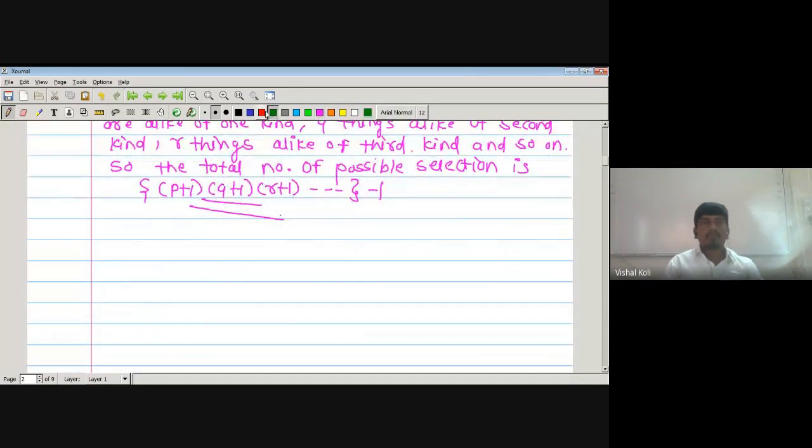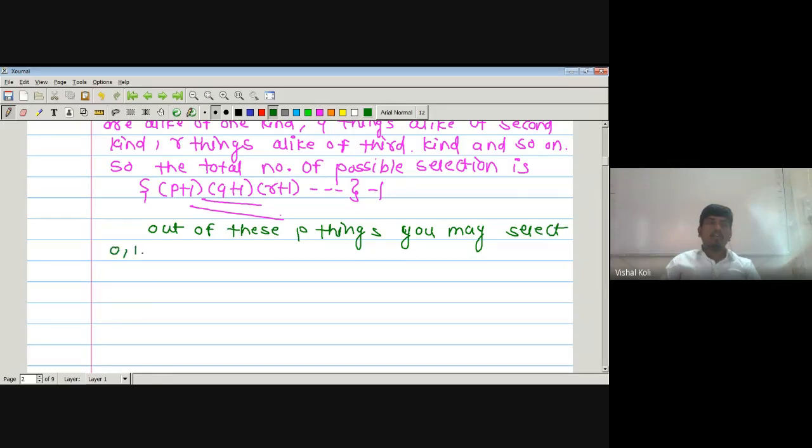So out of these p things, you may select 0, 1, 2, 3 up to so on p minus 1 or p things.